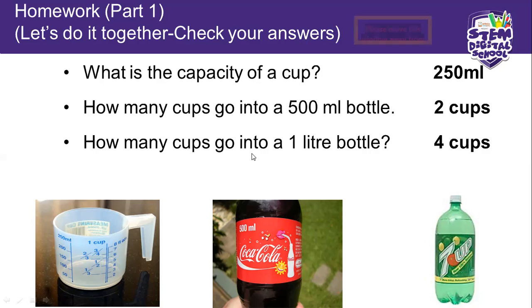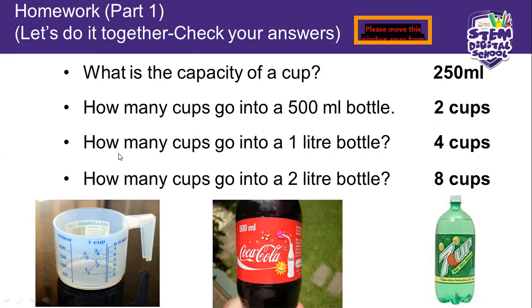Then how many cups go into a 1 liter bottle? 4 cups. You just add them together. 500 milliliters is 2 cups. 1 liter is 4 cups. And then how many cups go into a 2 liter bottle?